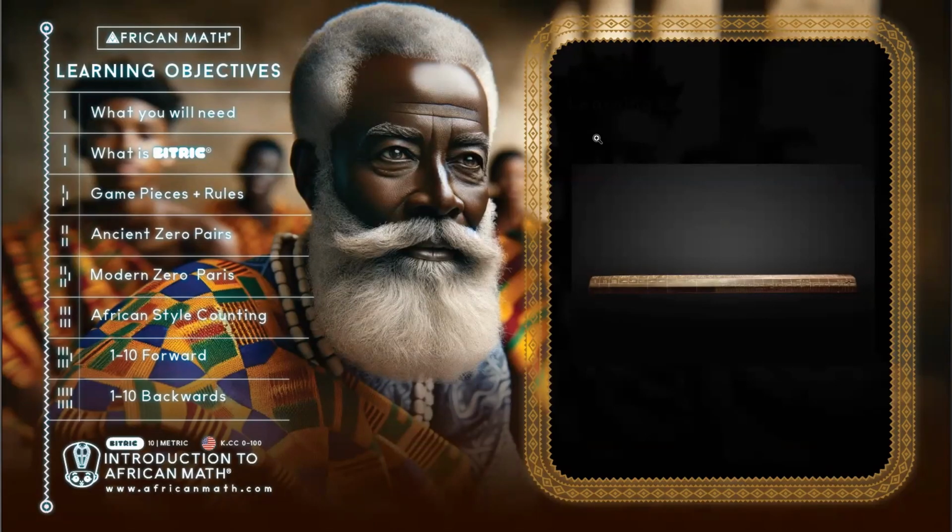Now that you know what game pieces you need, you need to understand that we use a standardized measurement system that can be traced back to ancient civilizations like the Egyptians, the Romans, the Greeks. Even the Sumerians used this ancient unit of measurement called the cubit.